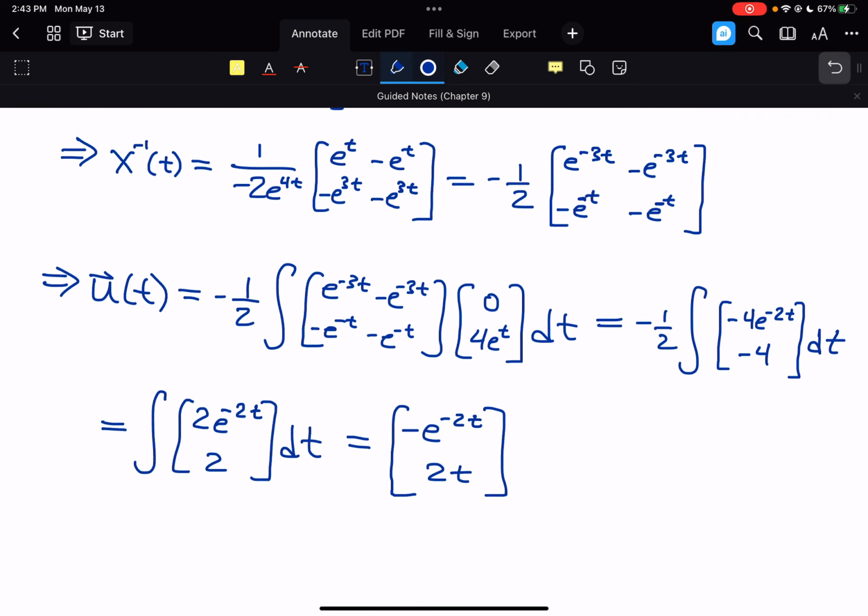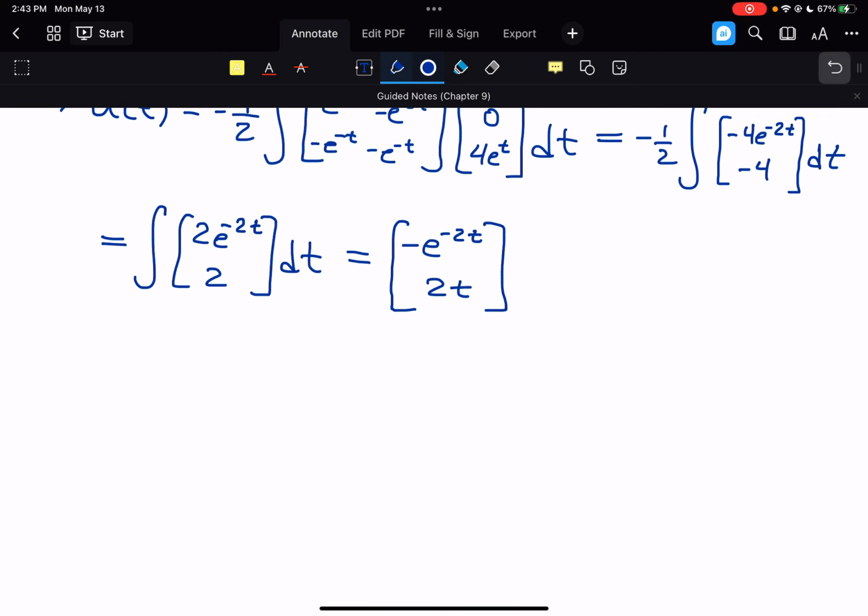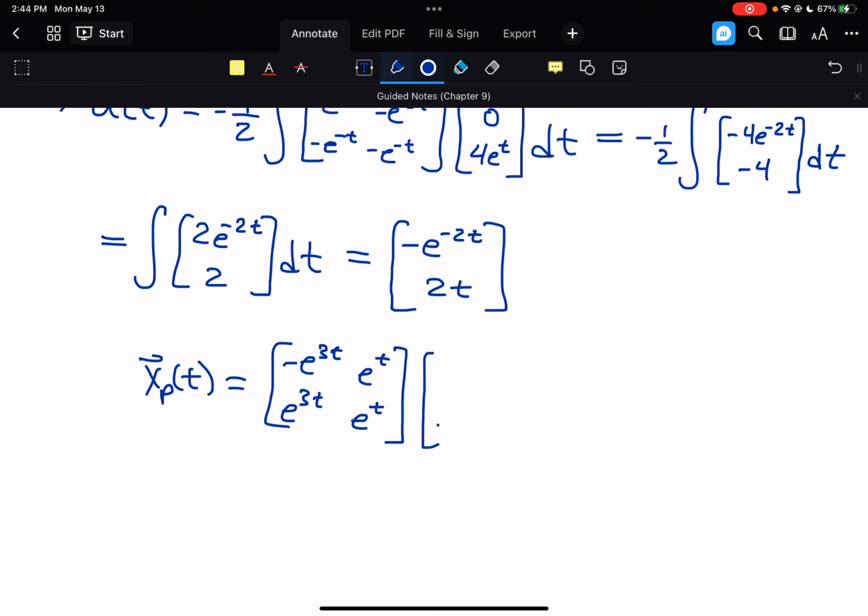So we're going to perform that multiplication here. So our particular solution: we have negative e^(3t), e^t, e^(3t), e^t, times negative e^(-2t) and 2t.